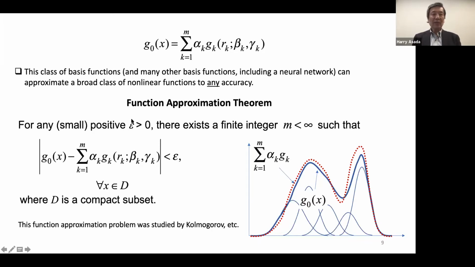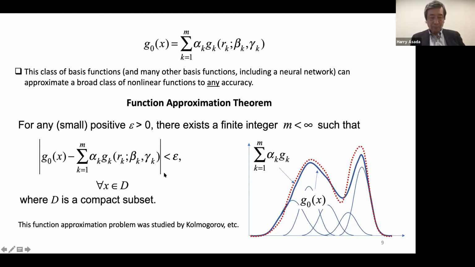So as you provide a much smaller epsilon, perhaps you need more functions m to approximate. But for a given epsilon, there exists a finite m that makes the difference smaller than this given epsilon, for all x in the defined area, which is a compact subset.